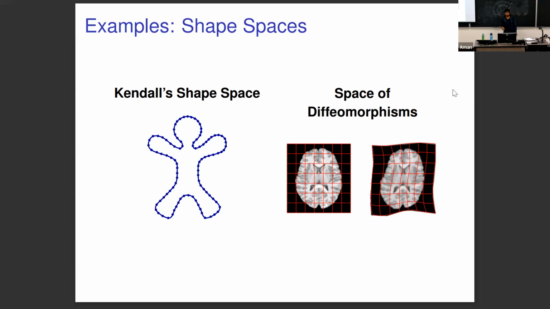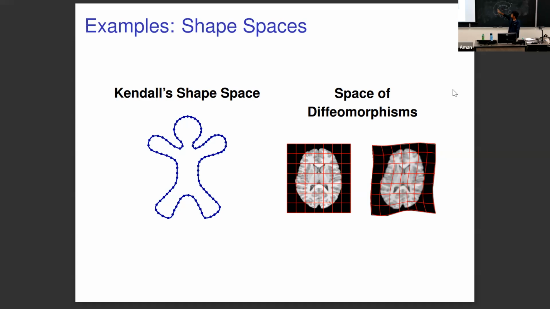One example that we'll go into in detail is the Kendall shape space. We'll look at how that is derived and how that is embedded, and the other example is just for your intuition purposes. There are different types of shape spaces mathematically defined, where you can embed a shape as a point in that shape space and use the distance metric to compare properties of the shapes.